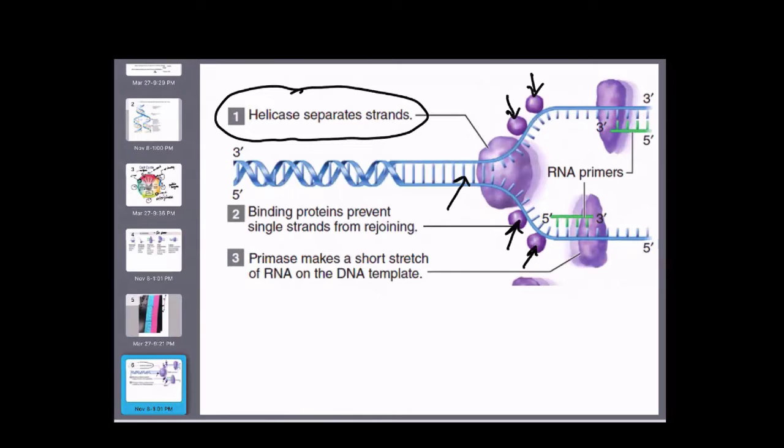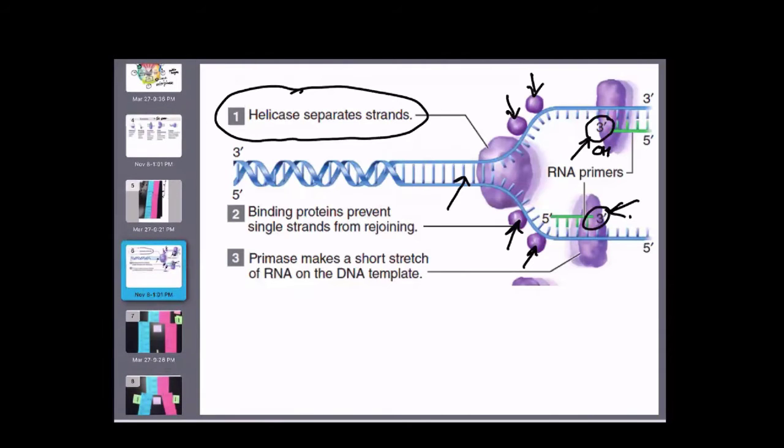Then the next thing that has to happen is we have an enzyme called primase. And what primase does is it starts making the template strand double-stranded so that DNA polymerase can now work. Because DNA polymerase always needs a 3' hydroxyl group to bring the next nucleotide on. So you can see in these two strands, we're going to replicate in opposite directions.